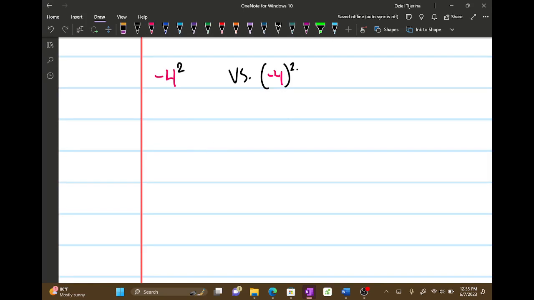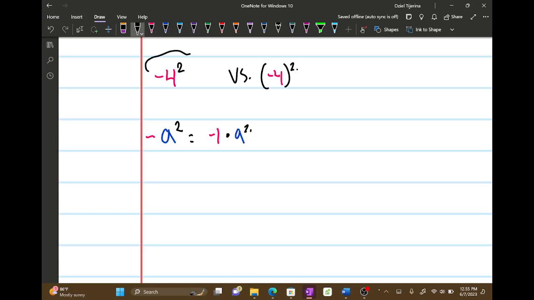When we have negative and let's do a squared, this is really negative 1 times a squared.